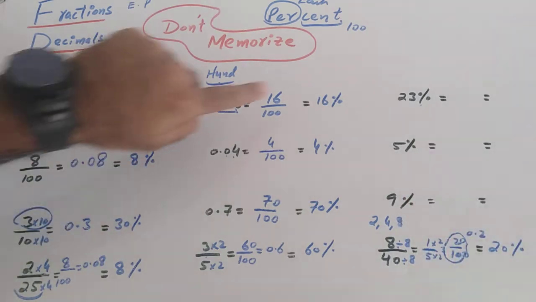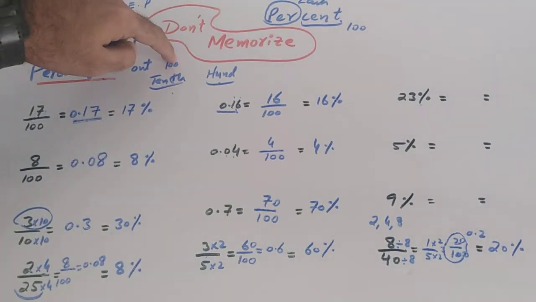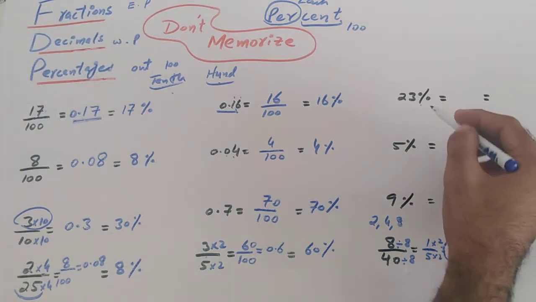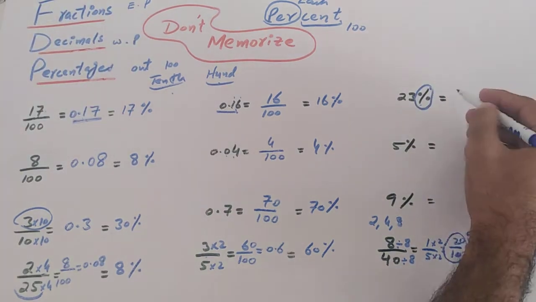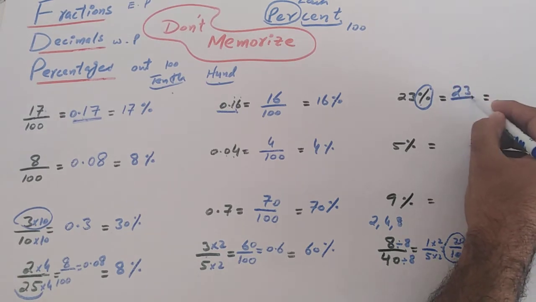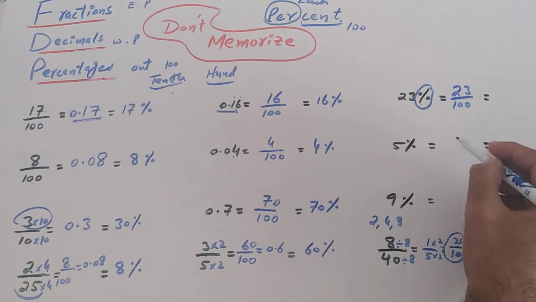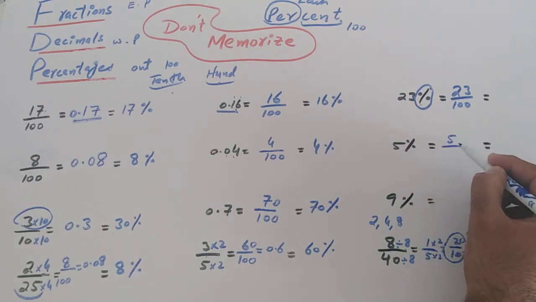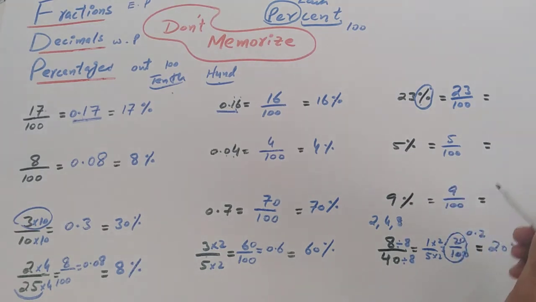If you recall, percent means anything out of 100, so this will be 23 out of 100. Same for this, 5% is 5 out of 100, and then this will be 9 out of 100.